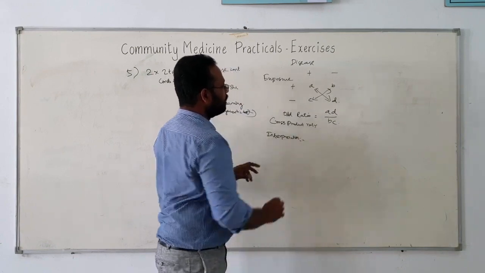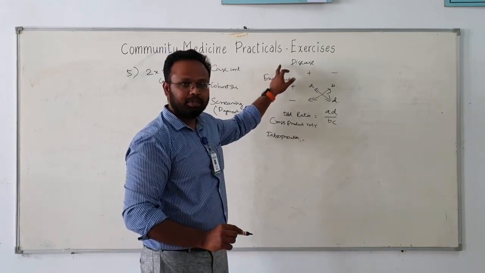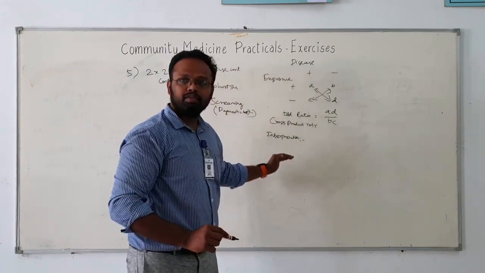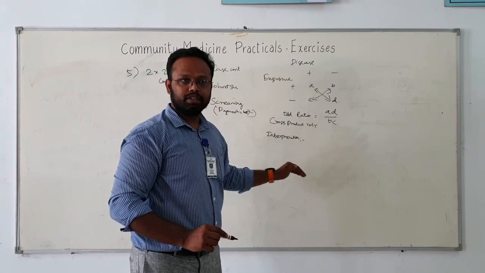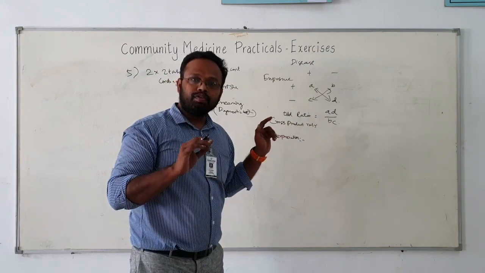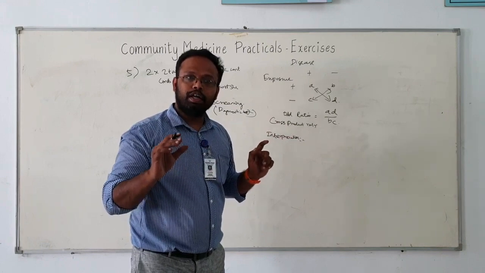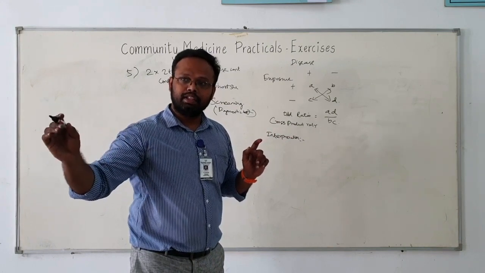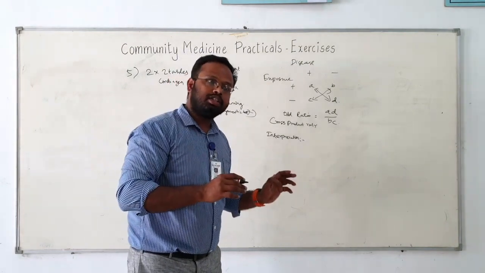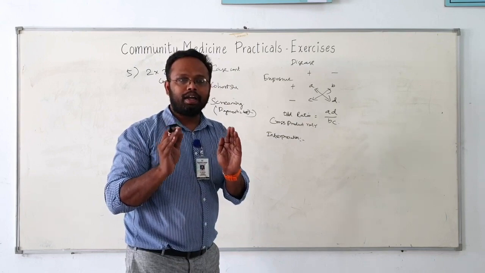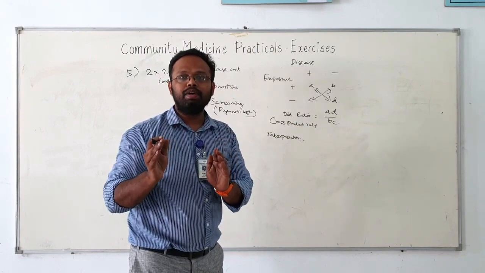In interpretation, the only difference between a case control study and a cohort study is that the measure you get in a cohort study is relative risk. What relative risk says is, if you smoke, you have 8 times more chance of getting lung cancer. But with the odds ratio, you say that among lung cancer patients, being a smoker will be 8 times more.